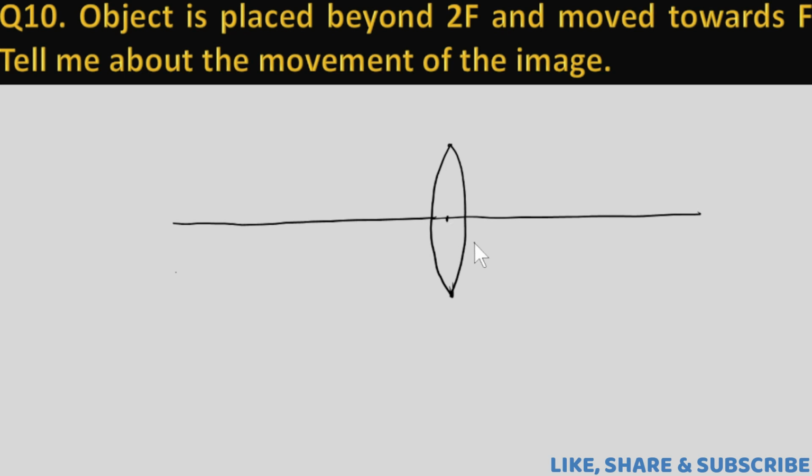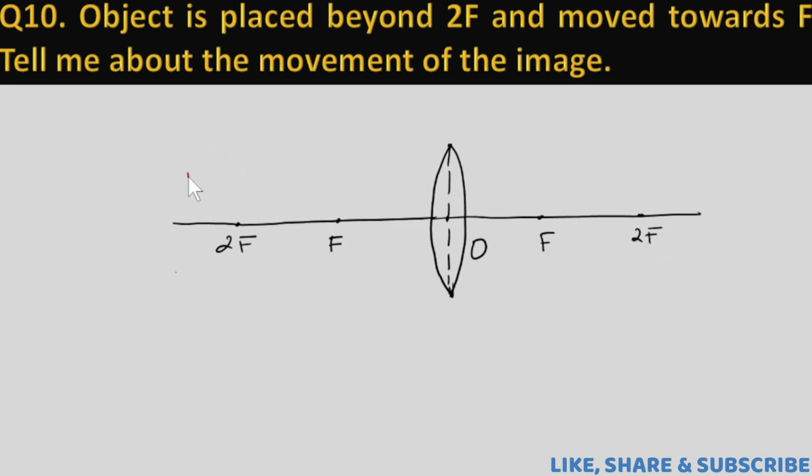O is the optical center. This is line of refraction. This is F. This is 2F on the left side. This is F and 2F on the right side.